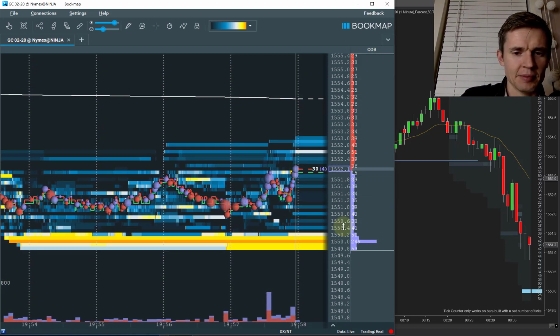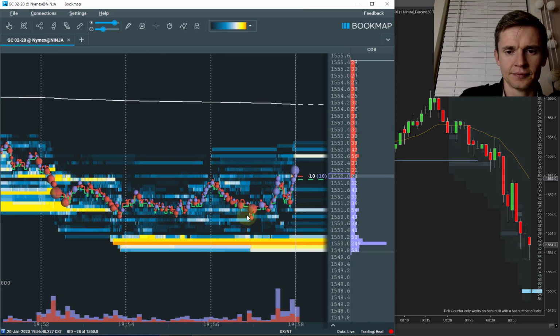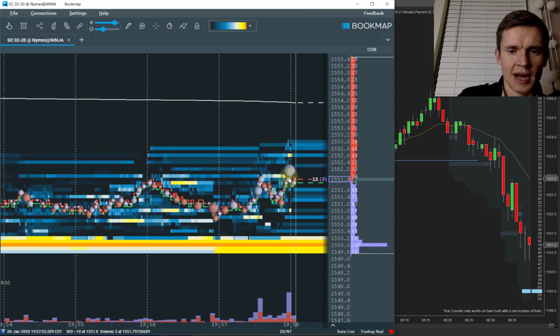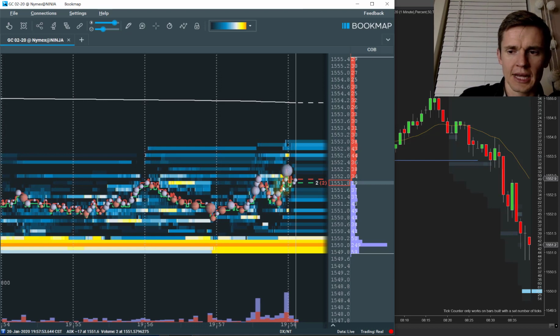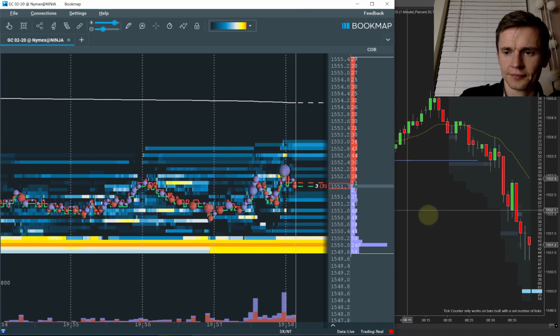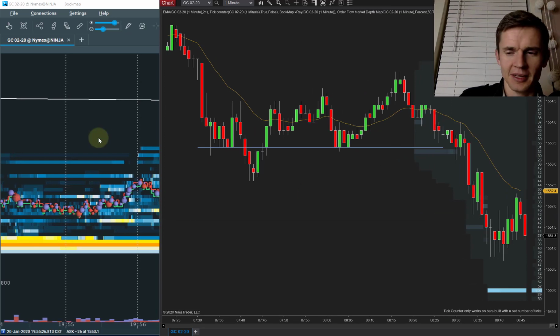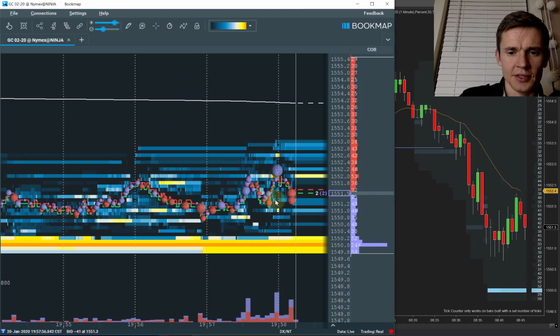Currently got it on 8 times speed. You can see the buyers are in slight control at least. Where's the, there we go. I didn't have that fully out there on NinjaTrader.